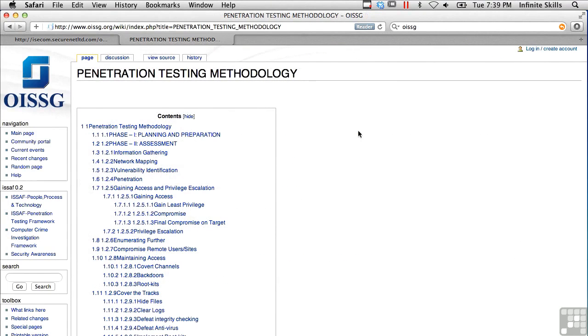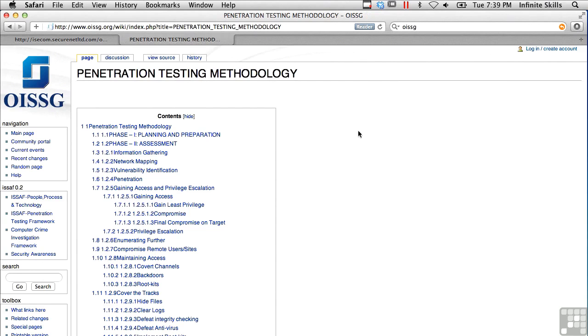Another methodology here is from the OISSG, and this is a penetration testing methodology. You can see here they've got a wiki set up and some similar sorts of things, although this is more targeted at an actual penetration test, where the other one is more geared towards something closer to a security assessment, where you're assessing the entire risk posture of the organization and doing a full round of security testing.